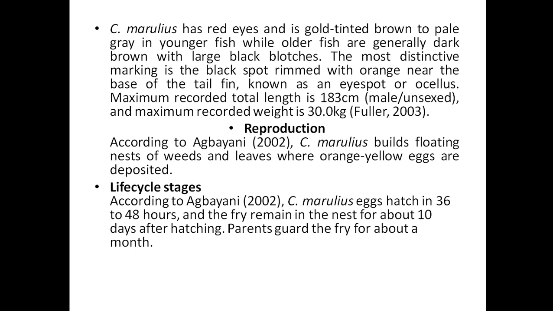It has red eyes and gold tinged brown to pale grey in the young fish, while older fishes are generally dark brown with large black blotches. The most distinctive marking is the black spot, whose rims have orange color, near the base of the tail fin.